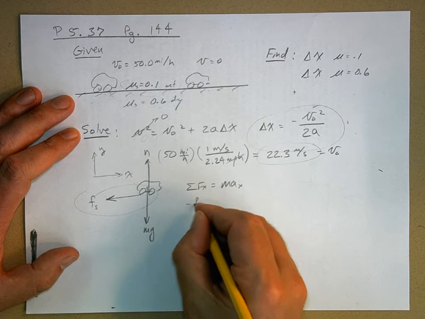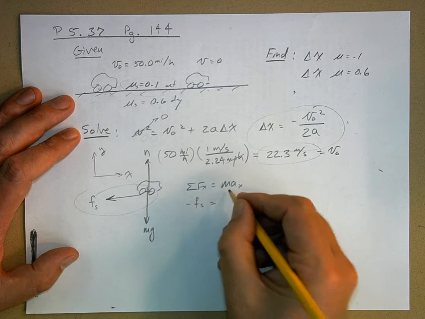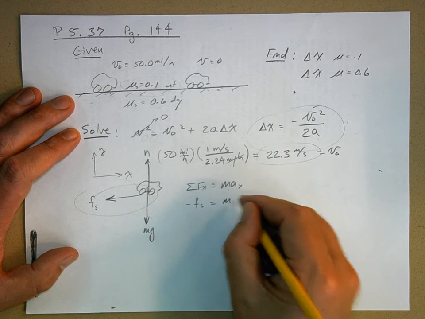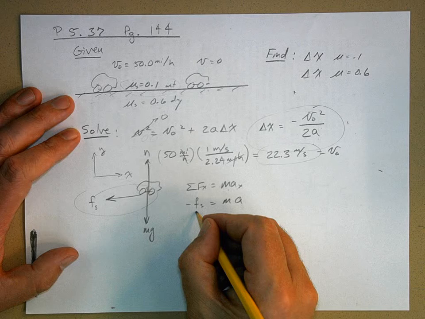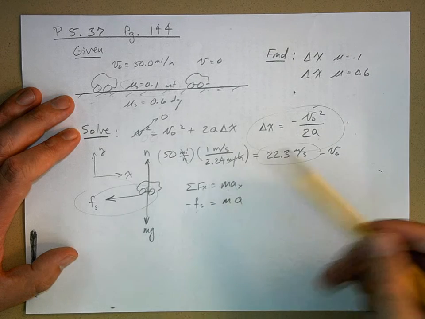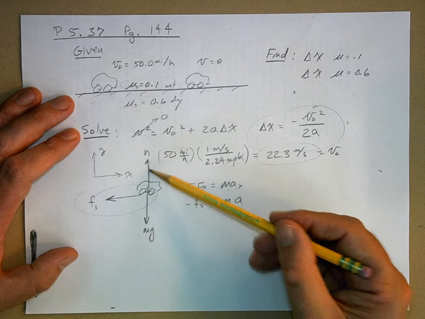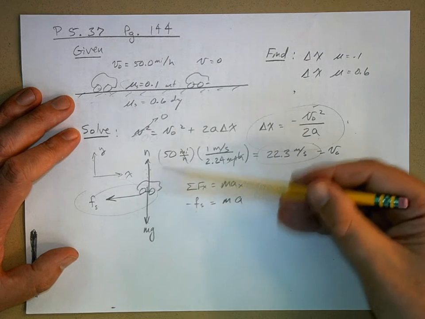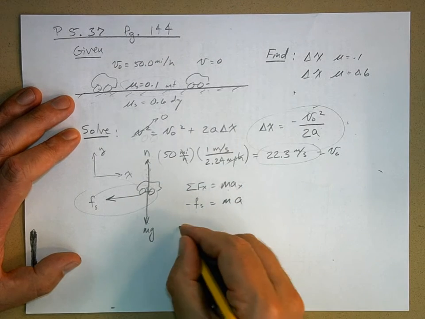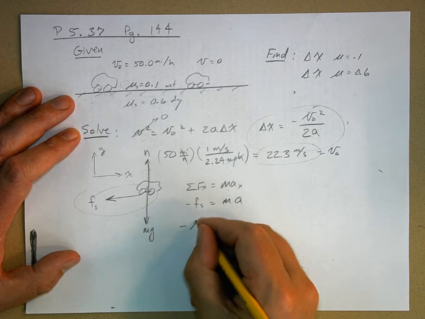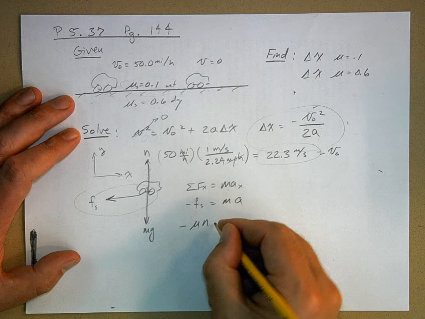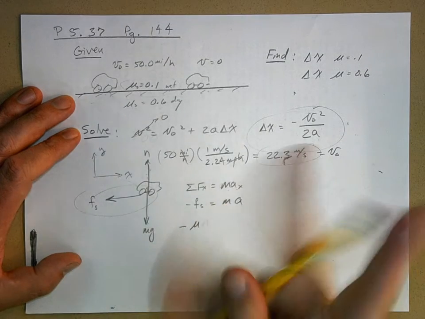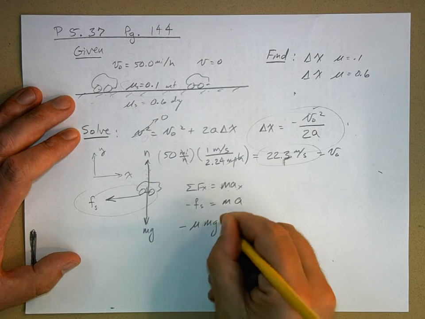That's the negative force of static friction equals the mass of the car, which I don't know, times the acceleration. That's what I want. But what is the force of static friction? It's mu times the normal force. And the normal force is just equal to the weight here, right? Because there's no acceleration in the vertical direction. So this is going to be negative mu times the normal force, which is just mg, equals ma.